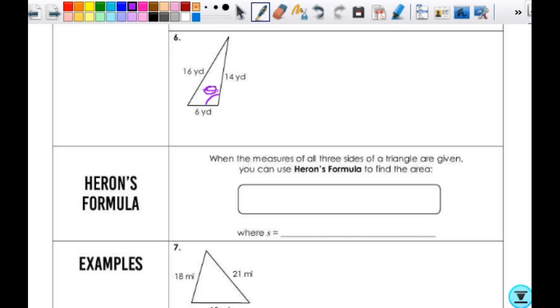Call it theta. So in order to find that angle, what do I use to find the angle? Law of cosines. Good. So what goes on the left-hand side of my law of cosines then? 16. Good. So 16 squared equals 14 squared plus 6 squared minus 2 times 14 times 6 times the cosine of theta.